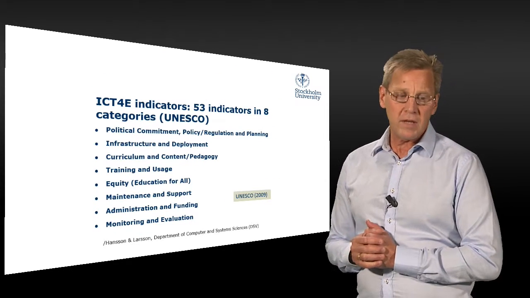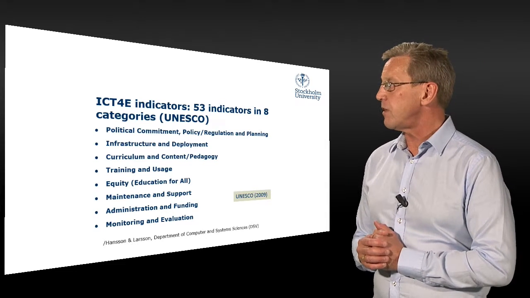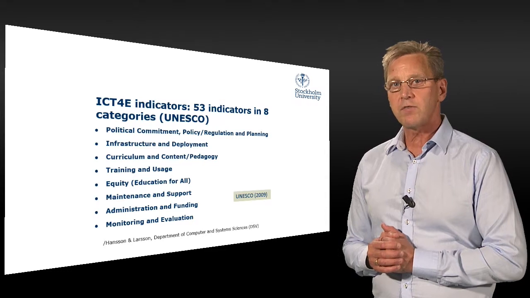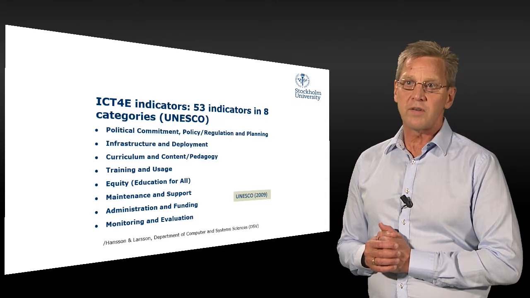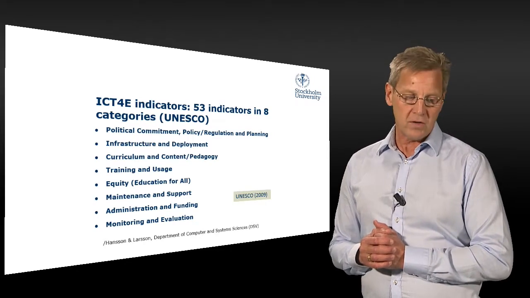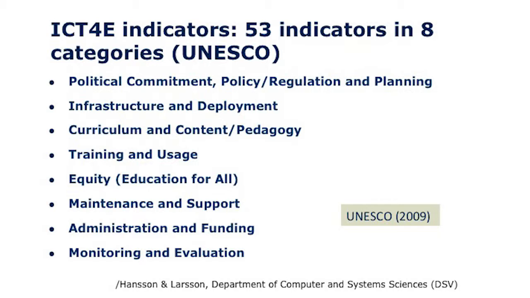The indicators were basically developed out of a list of 53 indicators from UNESCO. The indicators from UNESCO are divided into 8 different categories, as you can see here, from political commitment all the way down to monitoring and evaluation.